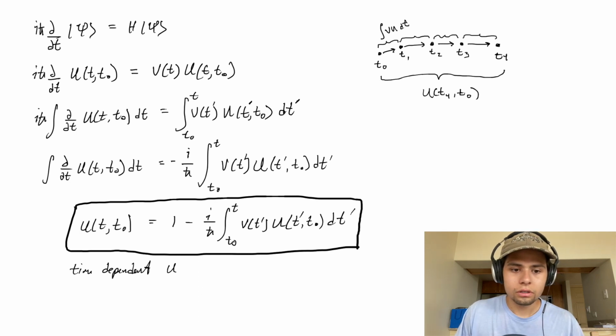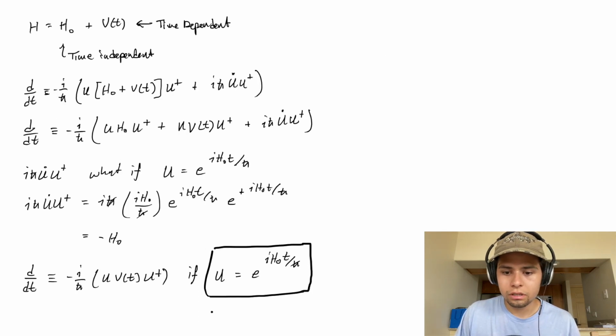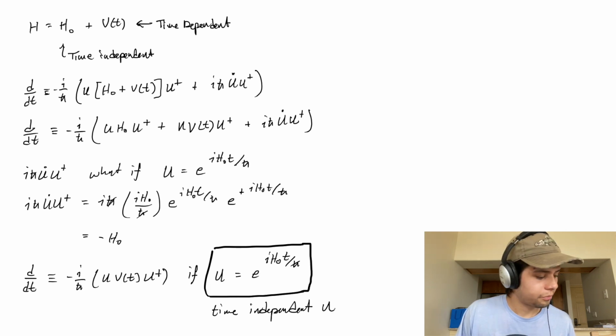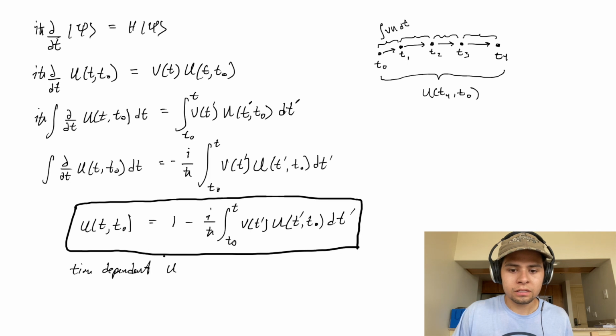So this here was the time-independent u, and this here is time-dependent u, and then we can begin to make sense of what u actually is in space.